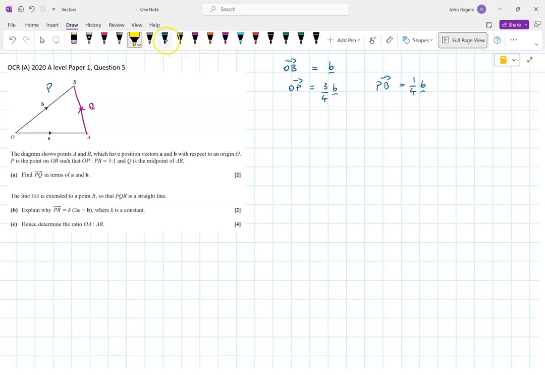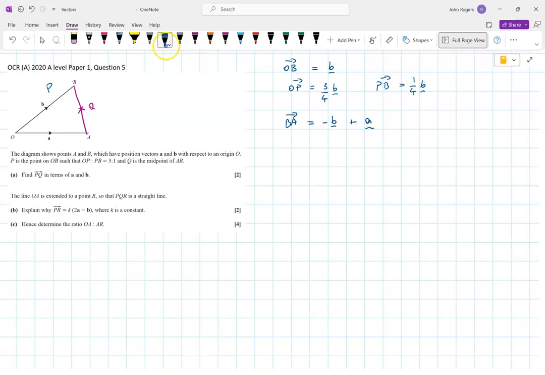We want the vector BA. That's just going to be equal to minus BO plus OA, but that's minus B plus OA, which is plus A. There we go. All right, so that's BA, and then we can use the triangle law on it.